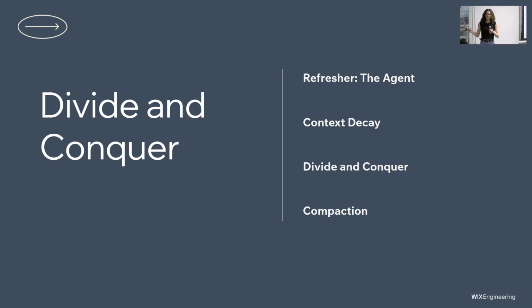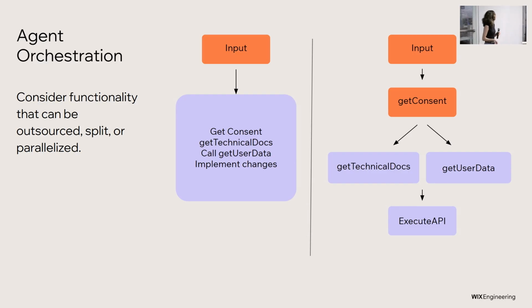So we're going to optimizations. How can we make this U-shape a little bit shallower and kind of maintain that accuracy along our context windows? By divide and conquer, I kind of mean the strategy of agent orchestration. So if I have a task that requires several steps, in this dummy example, I'm looking to search some technical docs, go to our user database, and implement changes, maybe execute a couple of APIs.